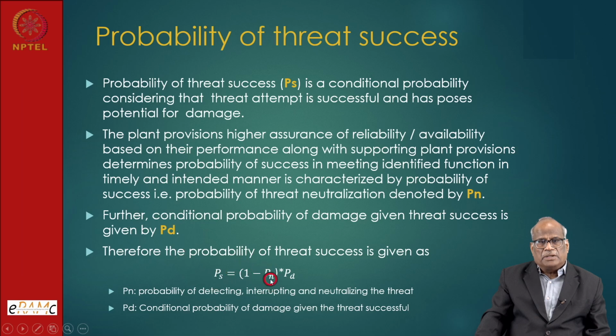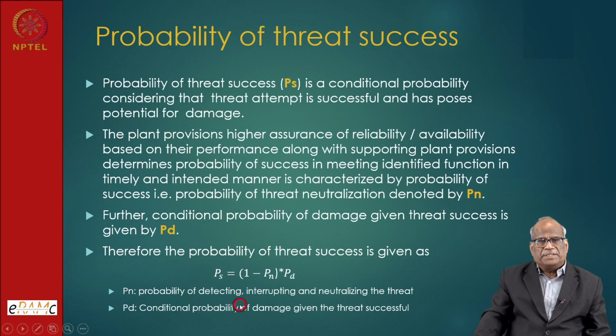1 minus non-neutralization, that is this term, not neutralized, and then the conditional probability of damage given over here. So now here we can collect data on PS, that is threat success, neutralization capabilities, damage postulation can be done, and we can have it for every threat which will become successful, and this becomes part of our screening methodology itself, because all we are doing is postulation in our assessment exercises.